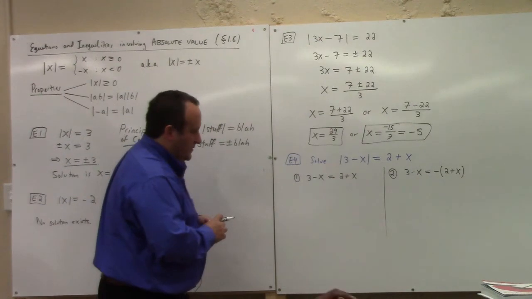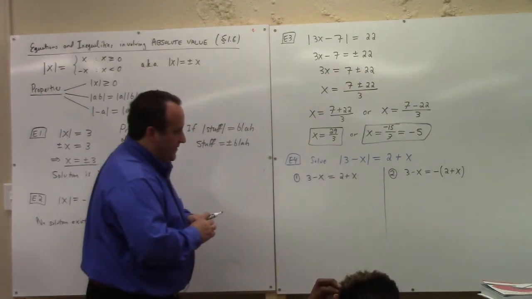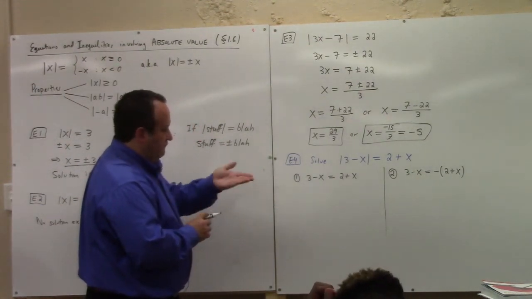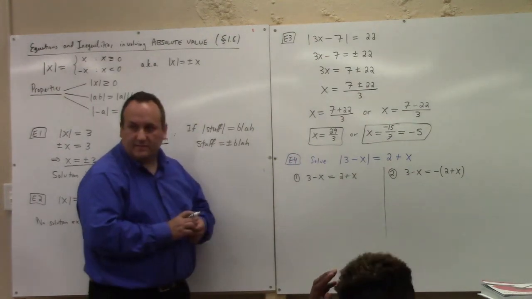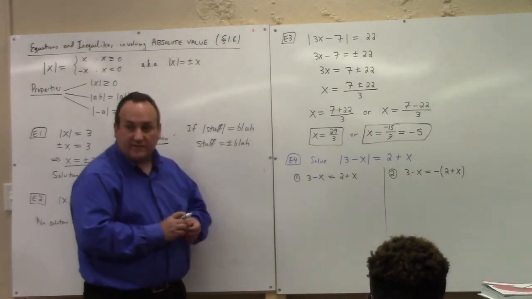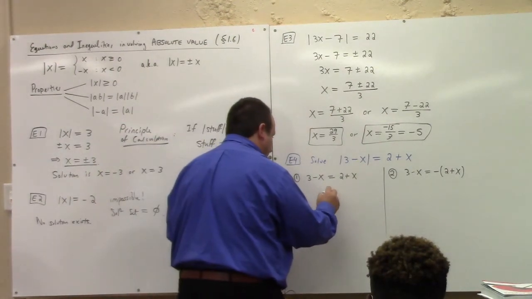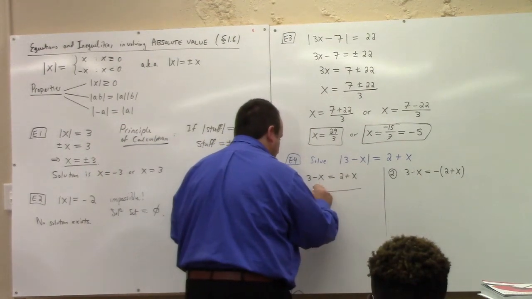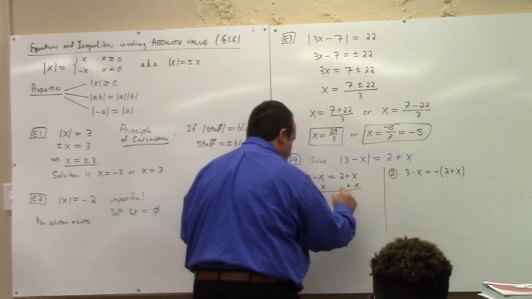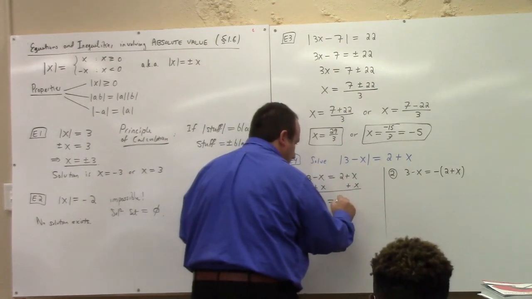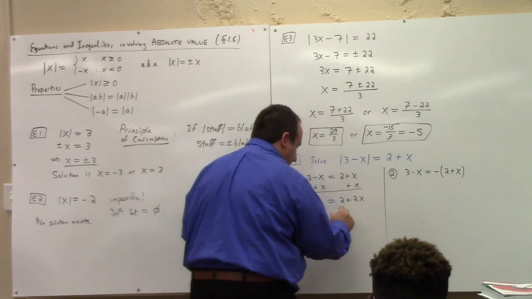So case 1, what do we want to do? How about add x to both sides? Subtract 2 from both sides? What do you get? I get 3 is equal to 2 plus 2x to start with, right?